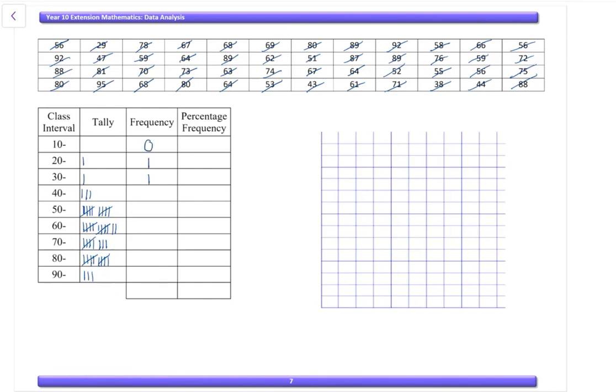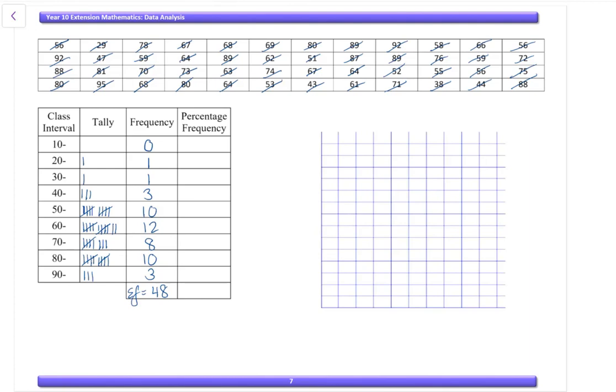So that's how many you've found in each one. Add up all your numbers and you should get 48, because you had 48 people.